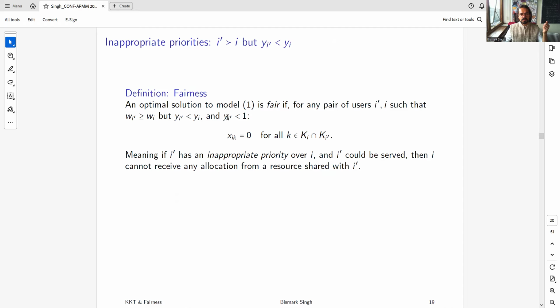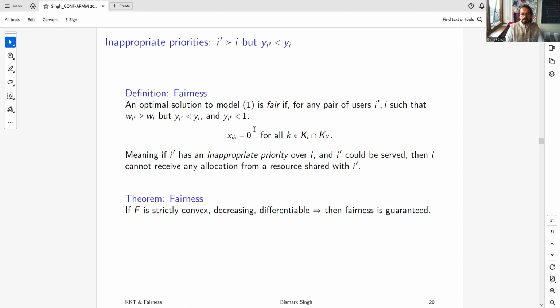Then you don't mind what's happening to the other users. So in this setting, we would say that the optimal solution is fair if nothing was handed out to the lower priority user. So this means that i prime had an inappropriate priority over i, and i prime could have been given more resources. So there was room available to hand him resources, but it didn't manage to receive anything. So then that setting would be unfair.